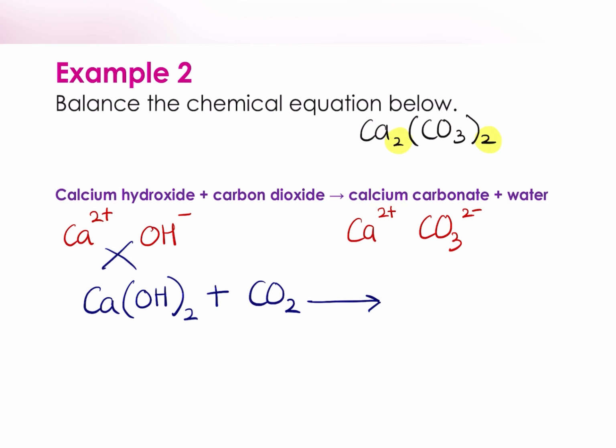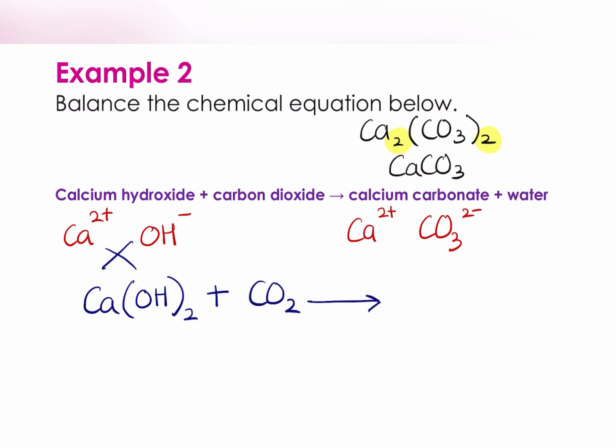So when I divide, both of the number 2 here will be divided by 2. So what remains is the formula CaCO3. So do I need to put brackets? No, because we know there is only one for each monoatomic ion and polyatomic ion, for CO3.